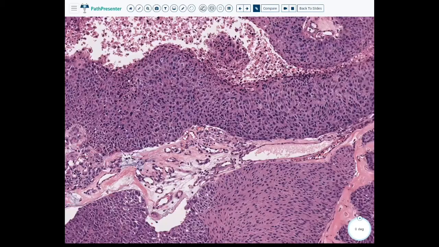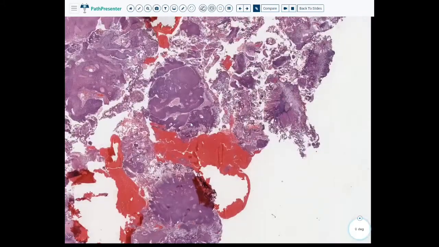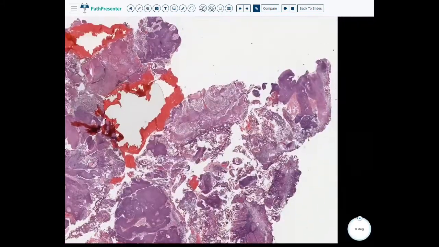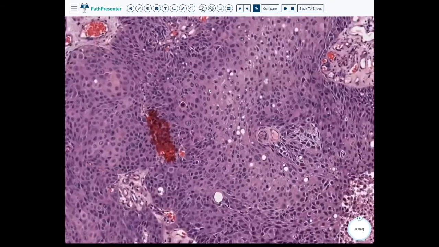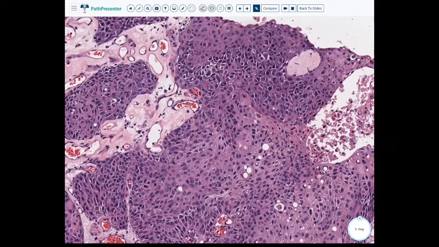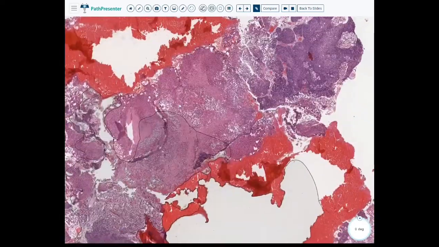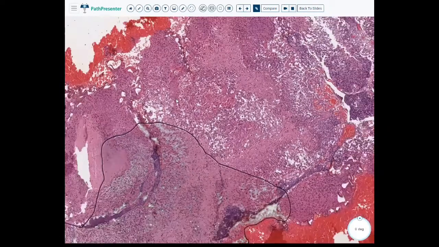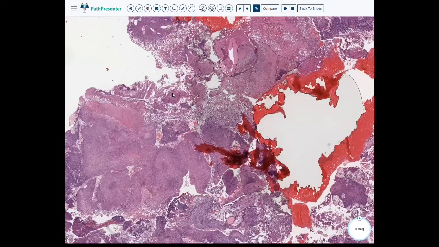This seems to be a similar pattern regardless of where we're going. So let's go to a completely different area of the slide and see if it's similar. And it is. Again, you can see the squamous differentiation next to the urothelial cells. So this is an invasive high-grade urothelial carcinoma with squamous cell differentiation.